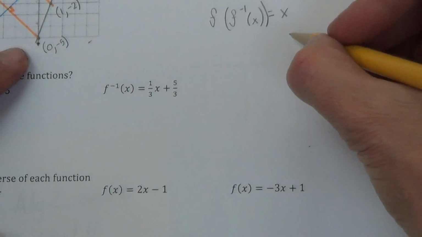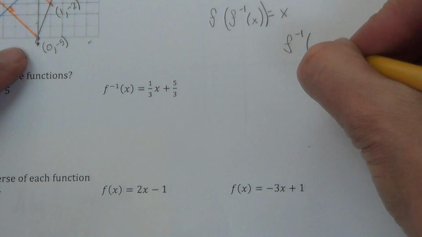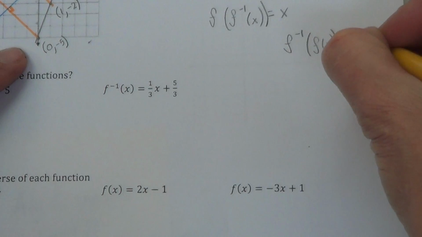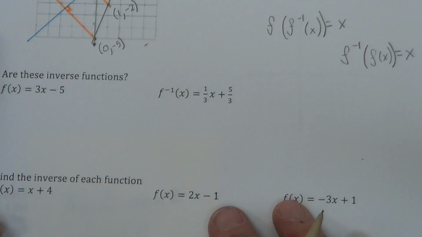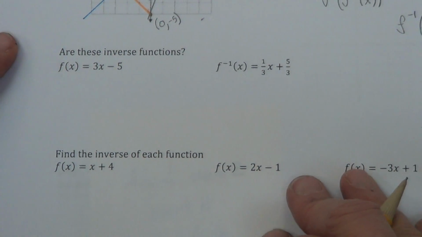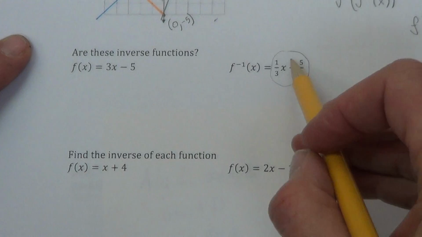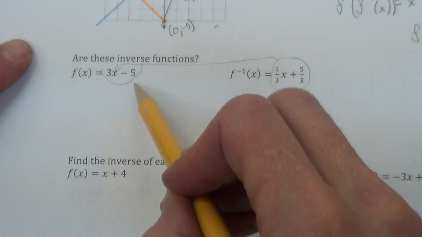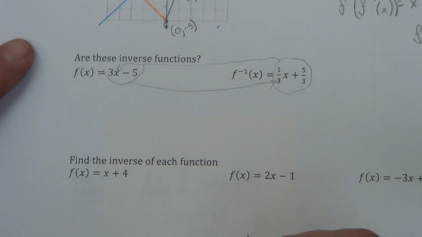And then if we turn around and we take the inverse of f of x, it will equal x. So in other words, we're going to take composites of these, and they should end up equaling x. So basically, we're going to take this and plug it in for x over here, and then we're going to take this and plug it in for x over here. And they should end up equaling x.